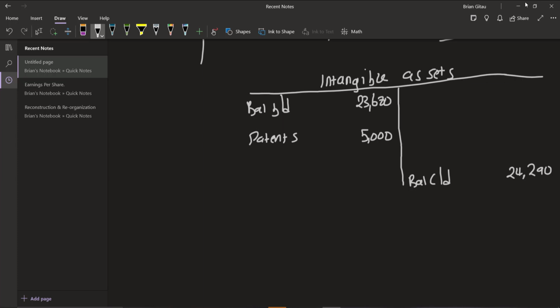Now let us get the figure for amortization as our balancing figure.